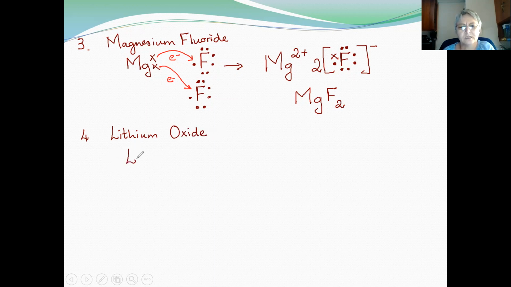So lithium is an element in group 1. It's got 1 valence electron, and oxygen is an element in group 16. It's got 6 valence electrons. Lithium is electropositive and oxygen electronegative.